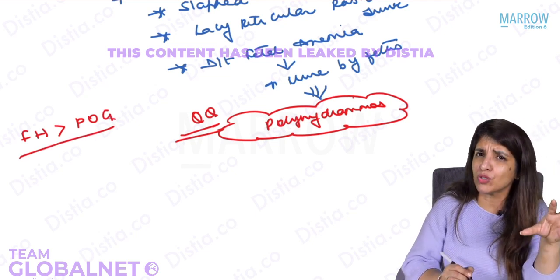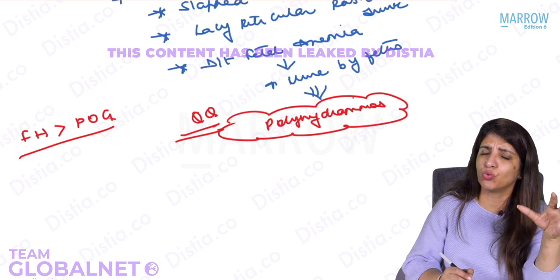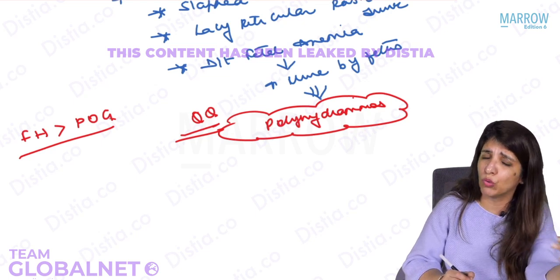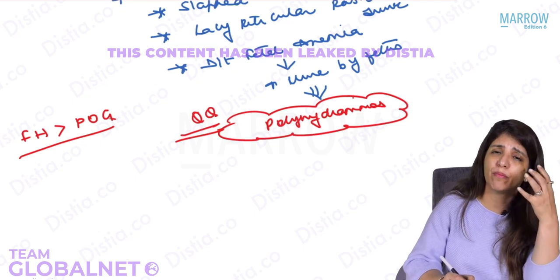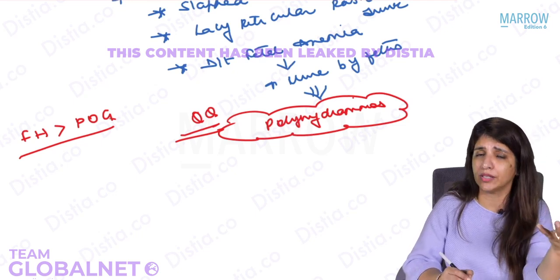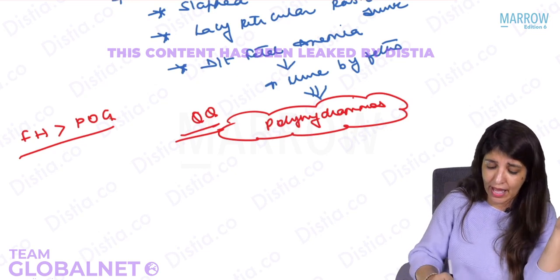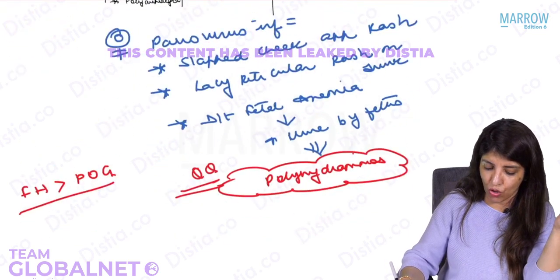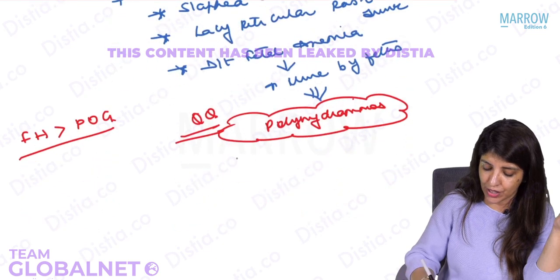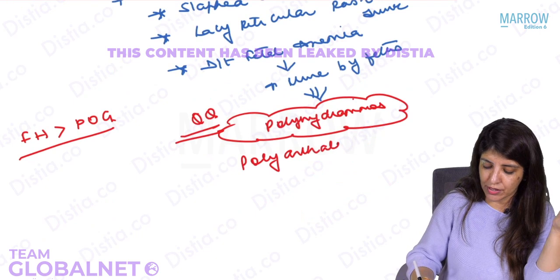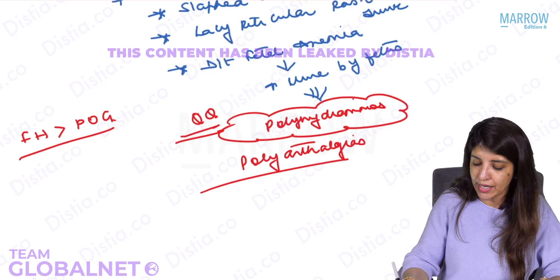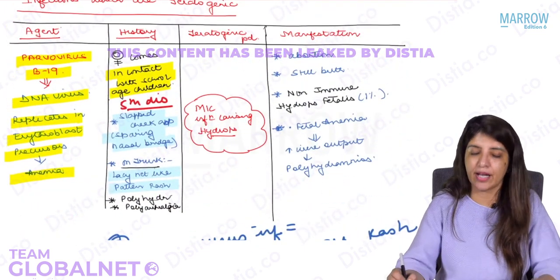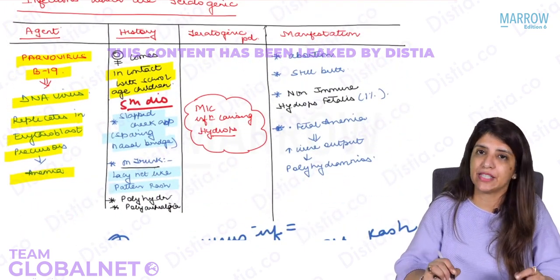They are going to say that female had come in contact with school-going children. Her fundal height is more than the period of gestation. She has a rash which is present on the cheek or on the trunk area. And you may also get history of polyarthralgias, joint pains, right? If you get this kind of history in the mother, then I should suspect that they are talking about parvovirus B19 infection.